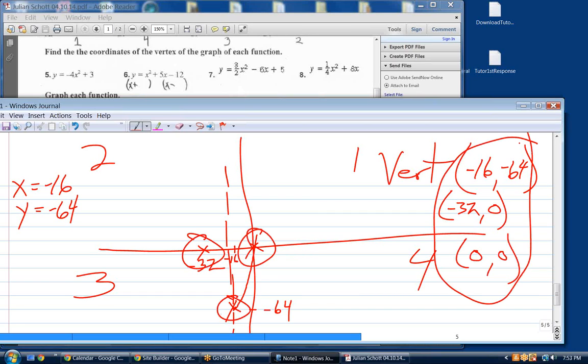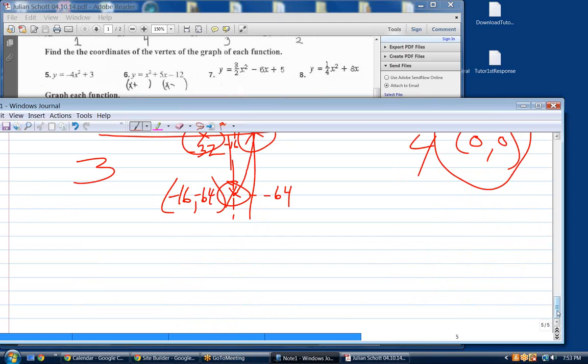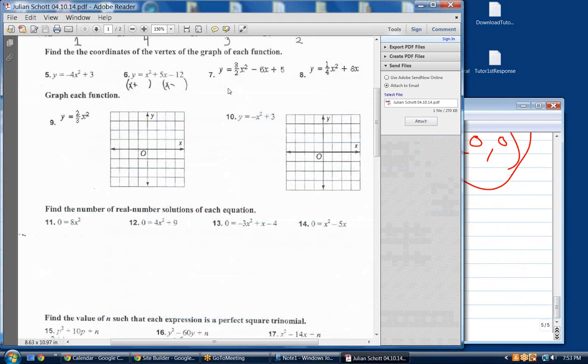It's better to list them on the graph. I wouldn't want to do it like this if I was taking a test. I would want to label the coordinates on the graph. So that's the vertex, that's minus 32 comma 0, and that's 0 comma 0. All right, you're getting the hang of these, I can tell.